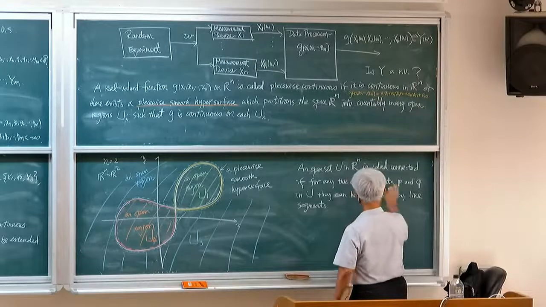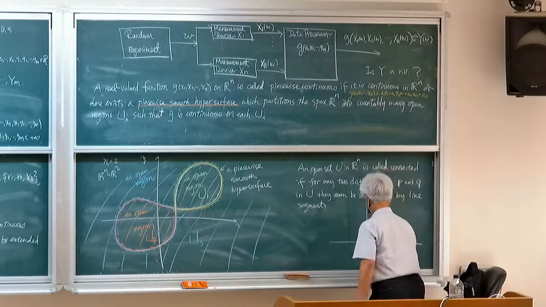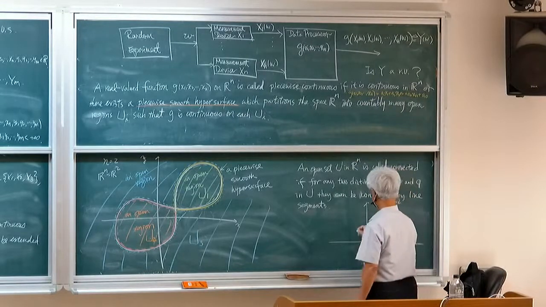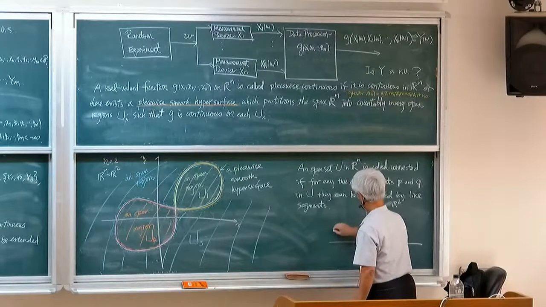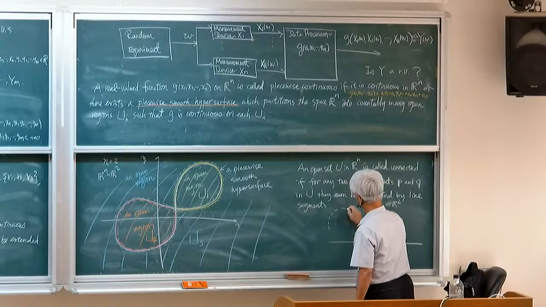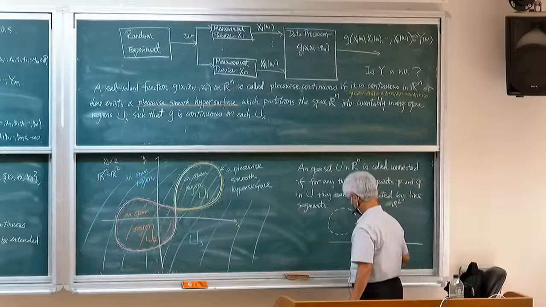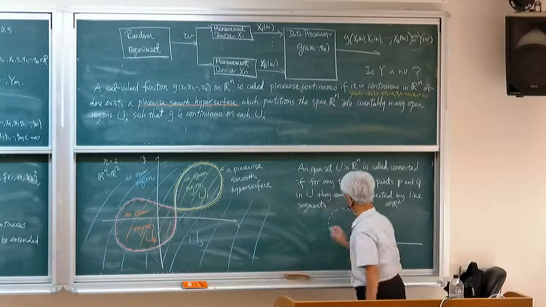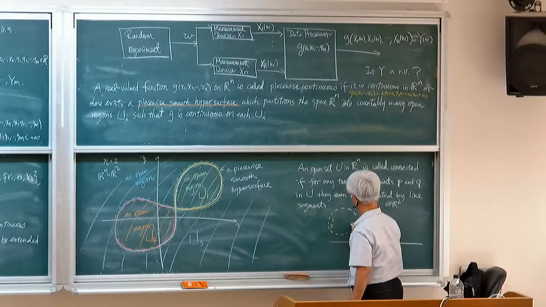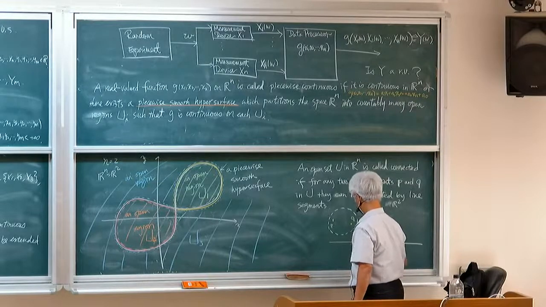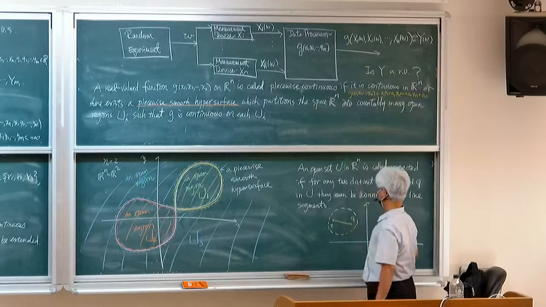For example, in R2, an open set, say a ball, an open disk here, and if you have two points, P and Q, you can connect them, for example, by this line segment.